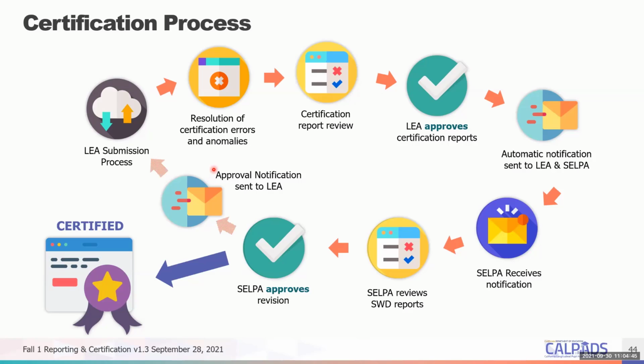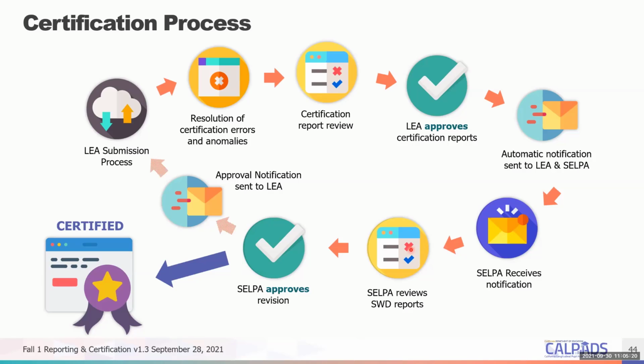Okay, then assuming all of that, certification errors, and all of the discrepancies with anomalies have been resolved, then we now go to report review. And so once you've affirmed that all of the reports are correct, then you approve your version of the reports, which will then trigger a notification that will be sent to you and your SELPA, saying that your data was LEA approved and ready for SELPA review.